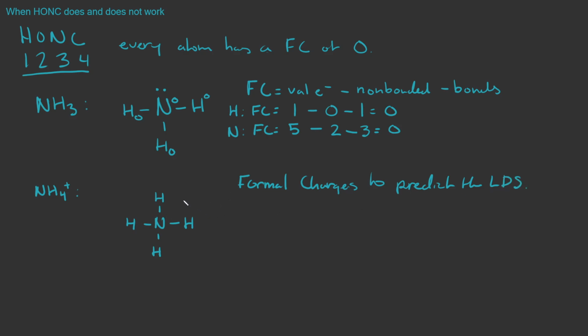In this case, we look at the formal charges and see that each of these hydrogens has a 0 formal charge, and that this nitrogen now has a +1 formal charge, and that's why we have an overall +1 charge. If we draw the brackets, this +1 charge matches the positive charge of NH4 plus.